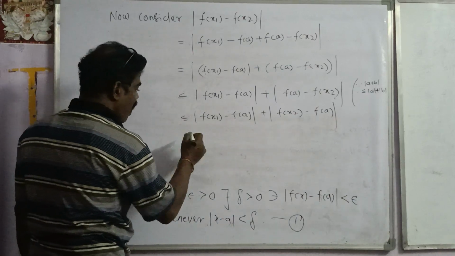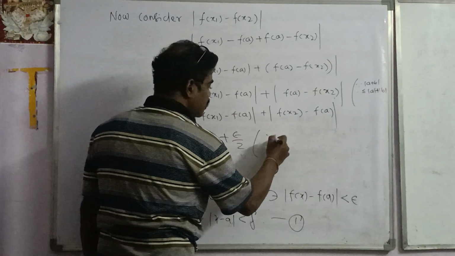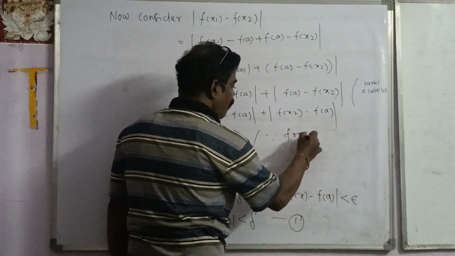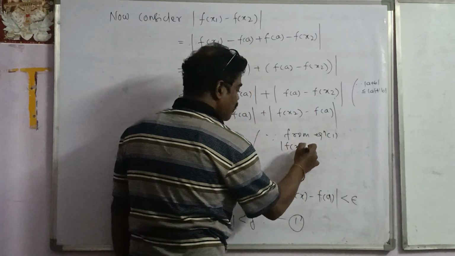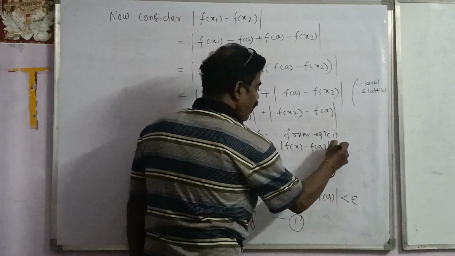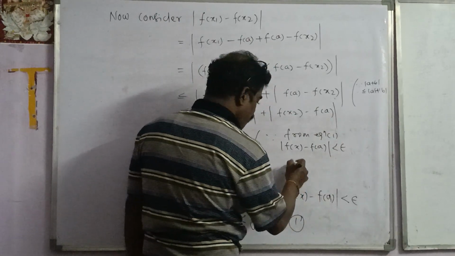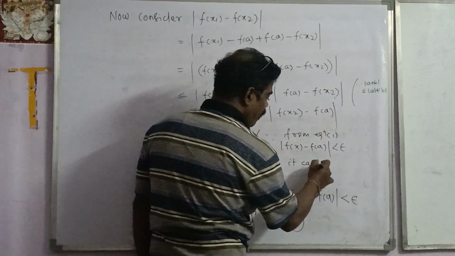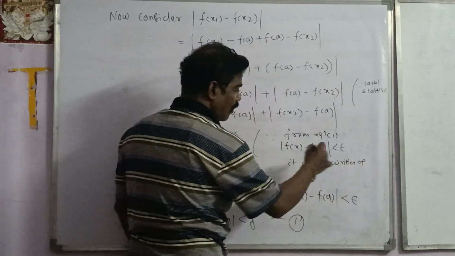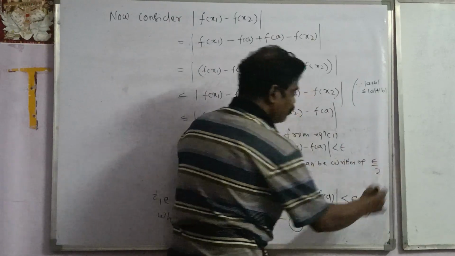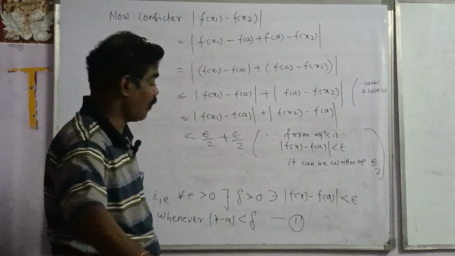So this is less than epsilon by 2 plus epsilon by 2.